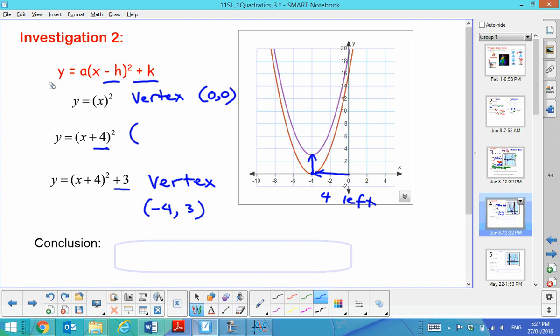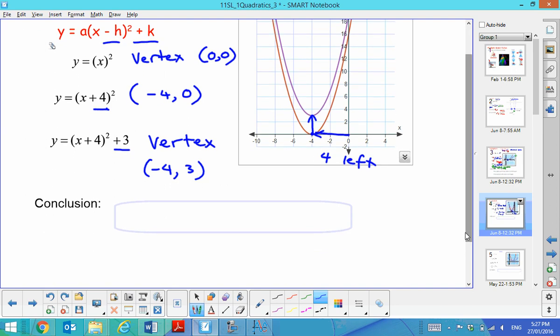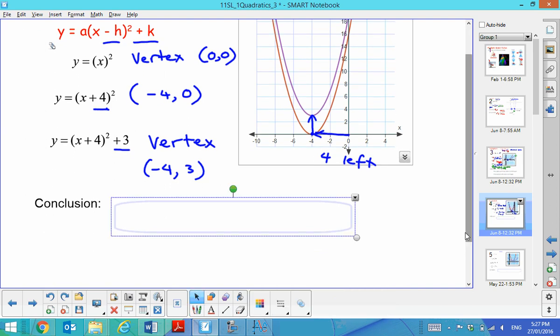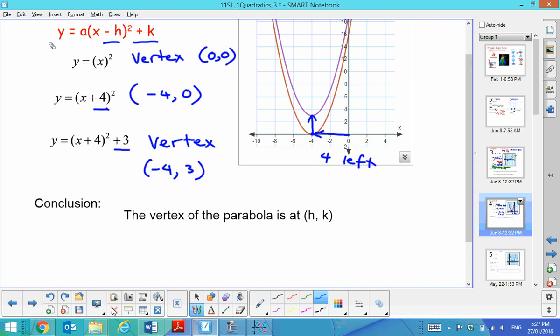And this one, our vertex is at -4, 0. So you've probably looked at some other ones in the investigation, the other equations. What conclusion can you draw? The vertex of the parabola is at (h, k).